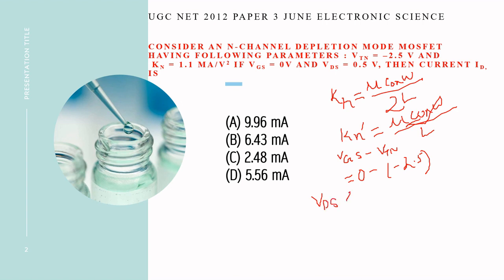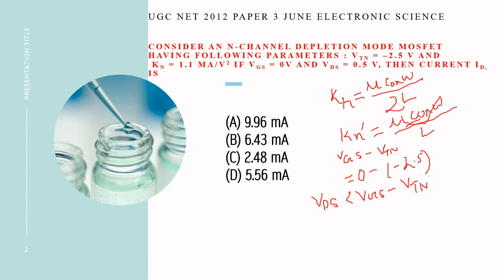So VDS is less than VGS minus VTN. When we get this condition, that is the drain source voltage is less than the VGS value minus VTN value, then we consider the linear region of the field effect transistor.